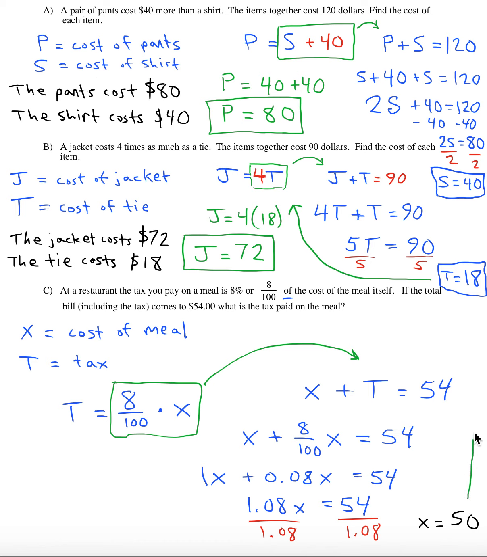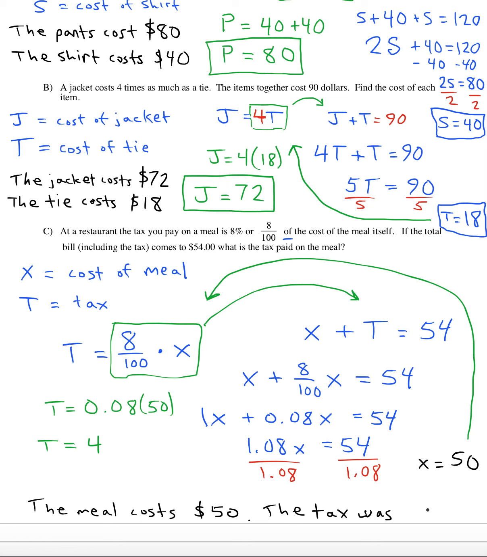We can now plug that back in to here and get t equals 0.08 times 50. The tax is $4. The meal costs $50 and the tax was $4.